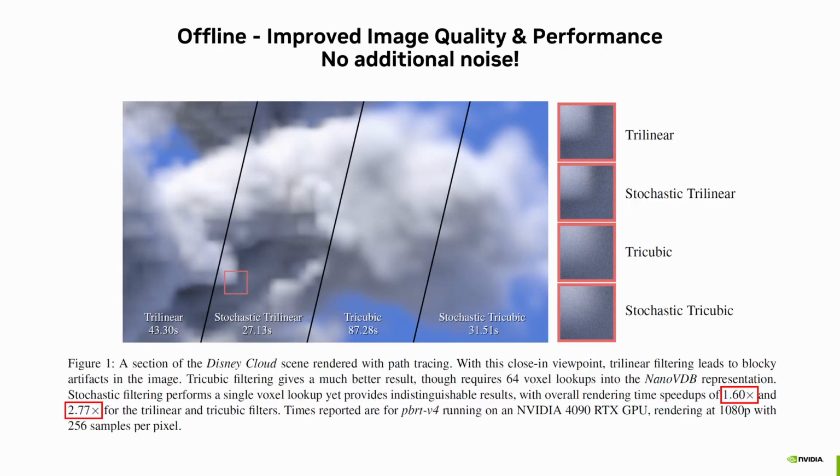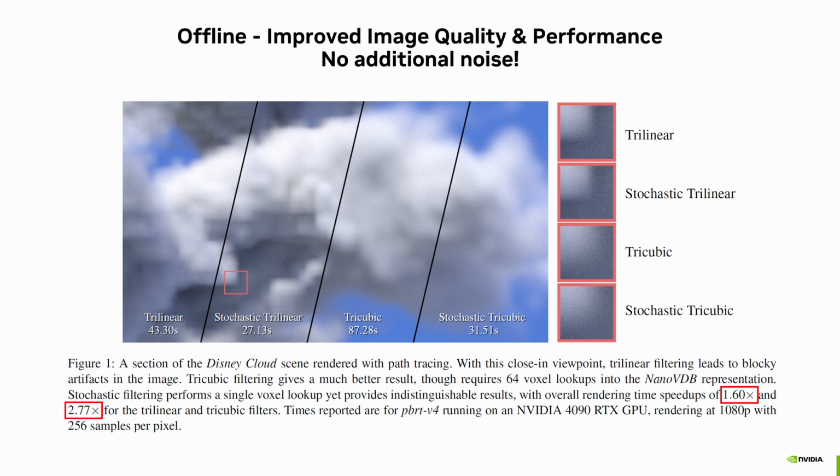Another interesting and possibly surprising aspect of stochastic texture filtering in offline rendering is that it doesn't usually introduce additional noise. Here is an example of volumetric cloud rendering through Monte Carlo integration. This integral needs to take many more samples than a stochastic texture filter.